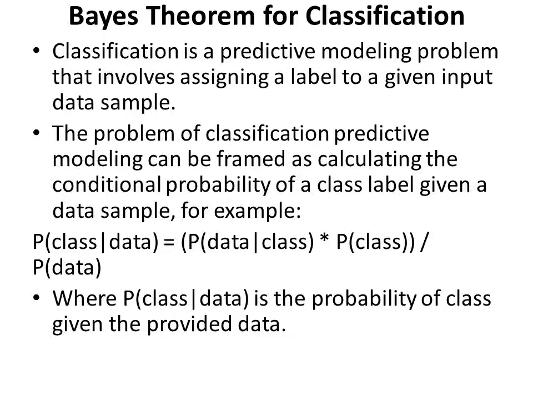For example, probability of class given data equals probability of data given class multiplied with probability of class, divided by probability of data, where probability of class given data is the probability of class given the provided data.